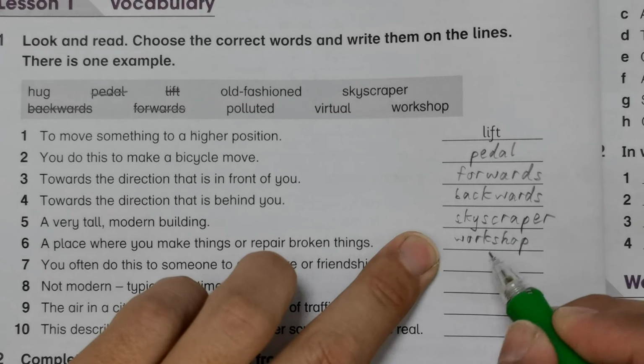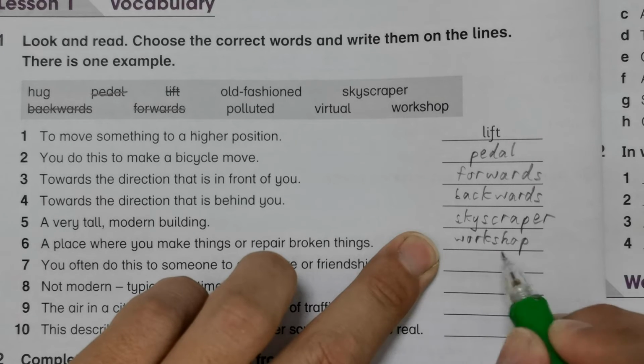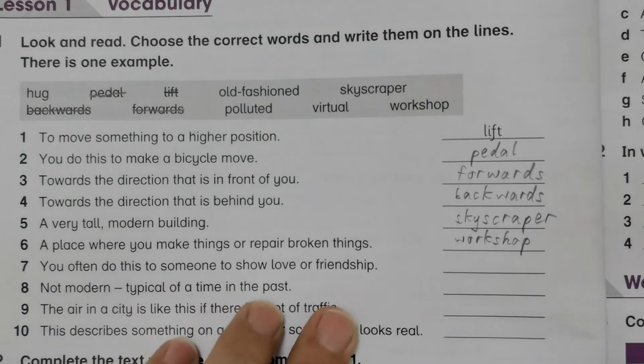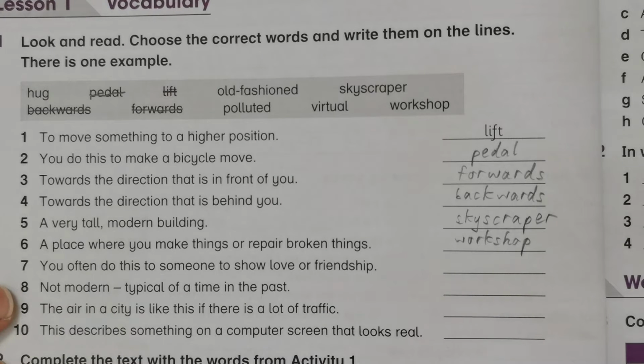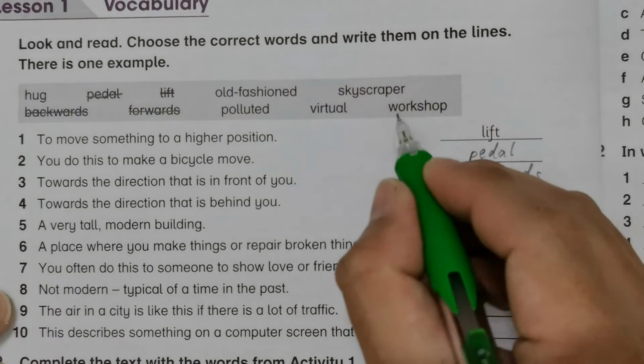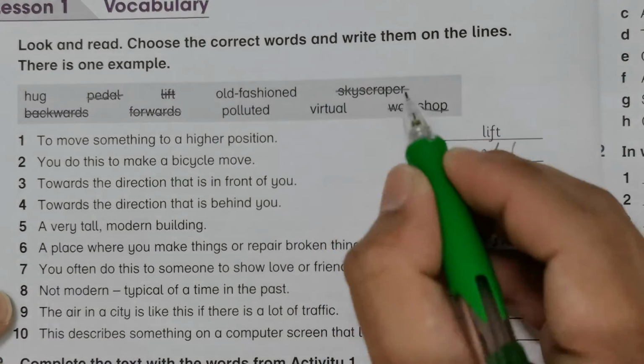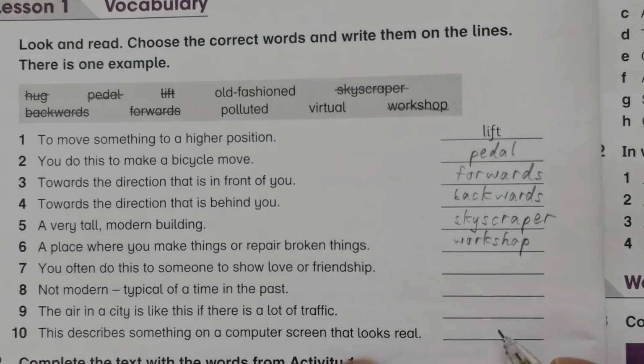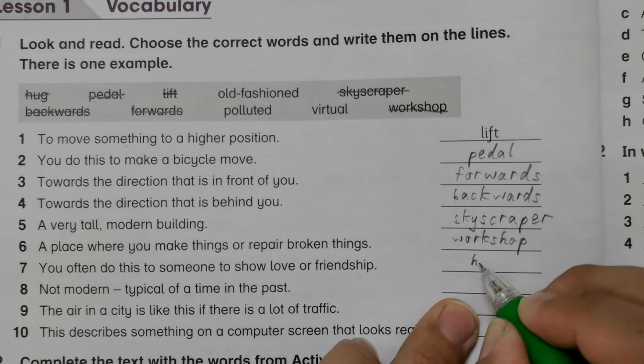They are bound together. So workshop. And number 7, you often do this to someone to show love or friendship. So this is hug. Workshop, skyscraper, hug. H-U-G.